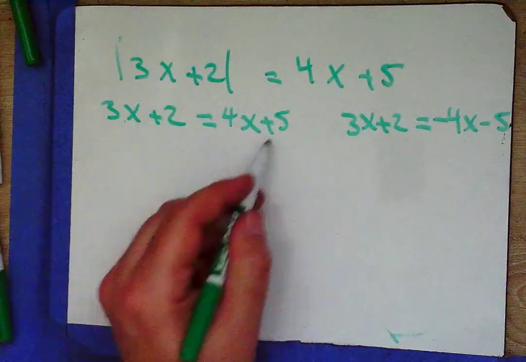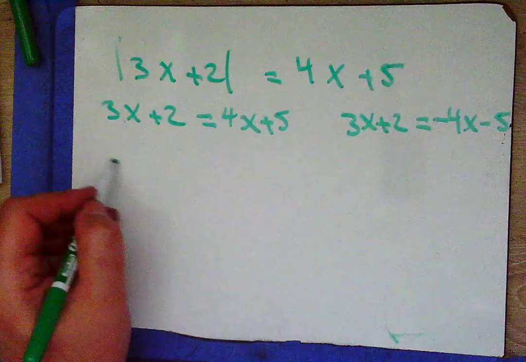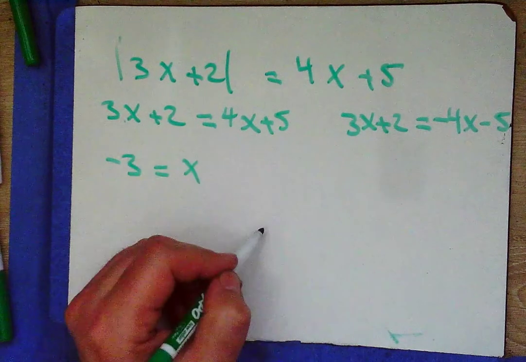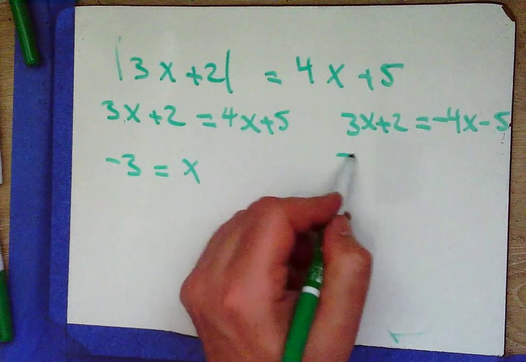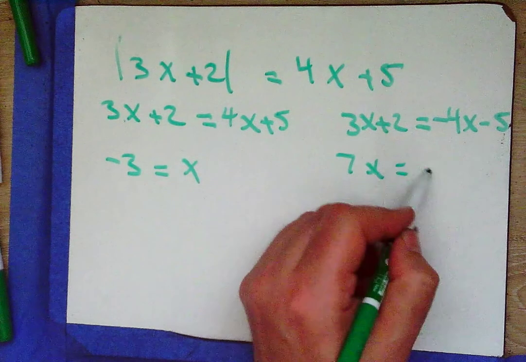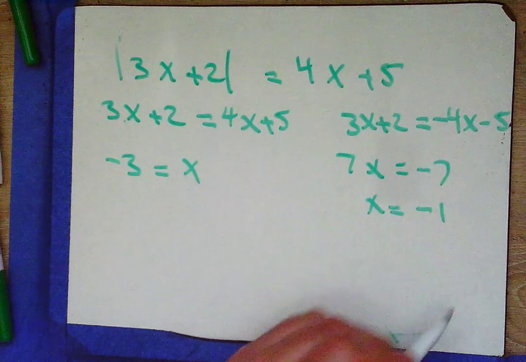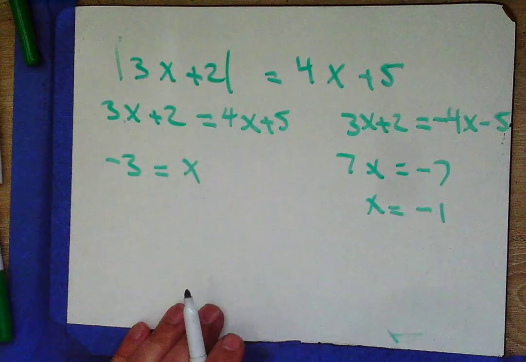Here, I'm going to move this over and move that there, so I'll have negative 3 equals x. And here, I'm going to move this over, and move that over, and x equals negative 1. Okay, two solutions.